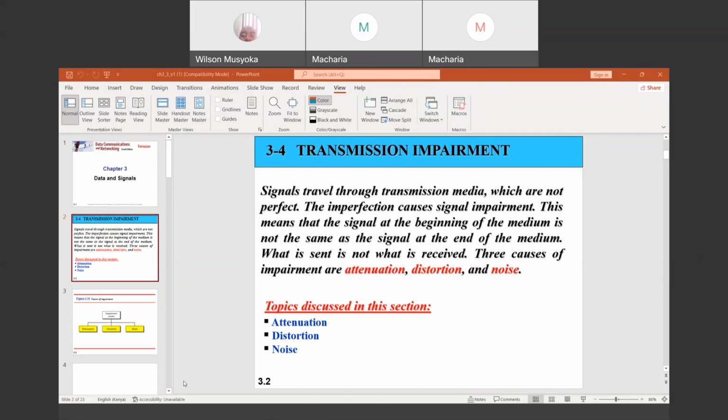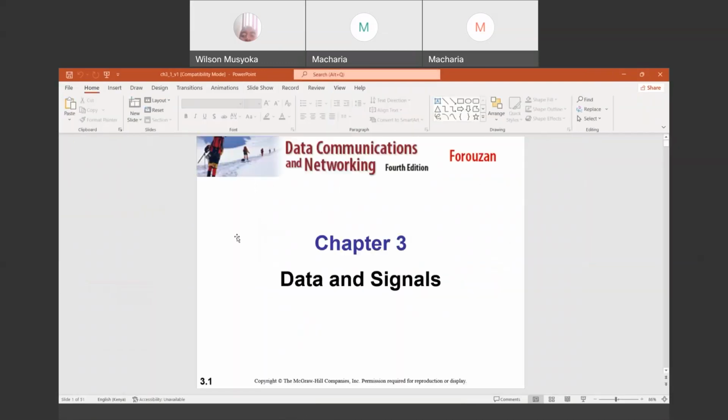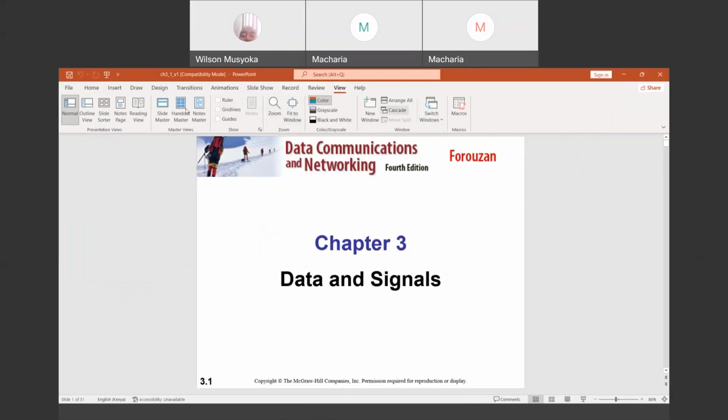That is what we basically mean by the analog signal being affected. For example, let me open this one.